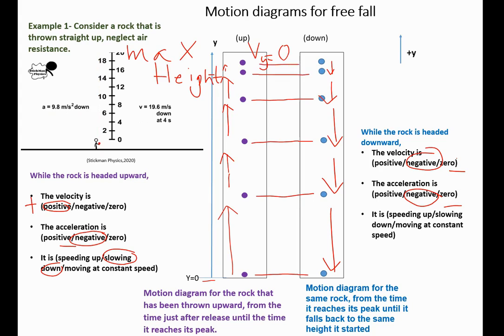And also, the magnitude of the initial velocity of the ball is the same as the magnitude of the ball's velocity at the instant it reaches the point from where it was launched on the way down. So that's why I have the same magnitude for the velocity vector, to represent that they have the same magnitude.